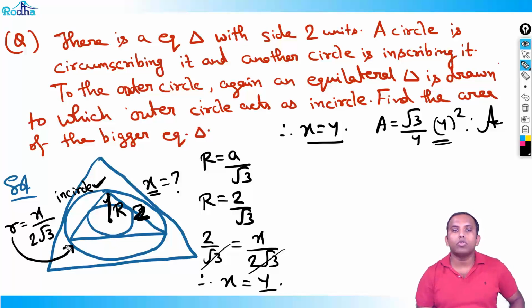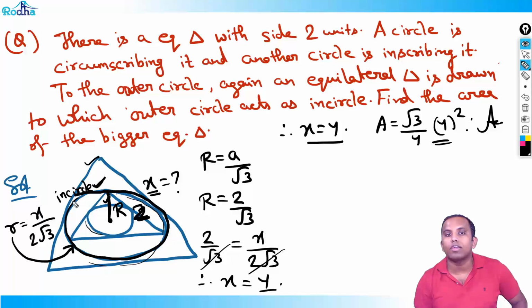Again, come back to it. What was the question? There's an equilateral triangle, a circle inscribing it as well as a circle circumscribing it. Now again an equilateral triangle is drawn, this bigger one, to which the outer circle acts as the in circle. If the outer triangle has side x, what is the in radius?